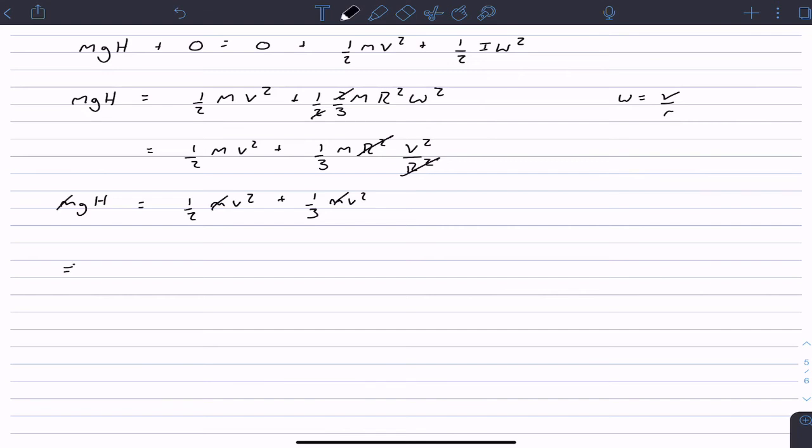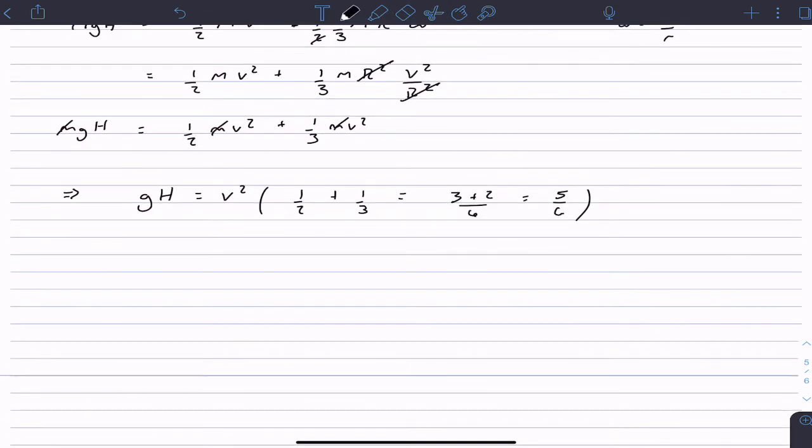So now we have g times big H is equal to v squared times, 1/2 plus 1/3 is going to equal 3 plus 2 over 6, which is 5/6. Okay, now this logically implies that v is equal to the square root of 6/5 g times big H.